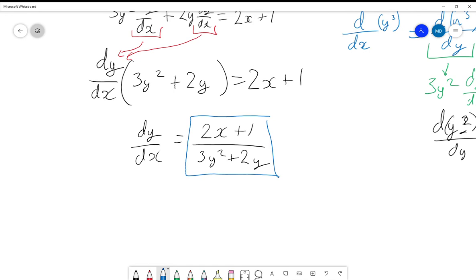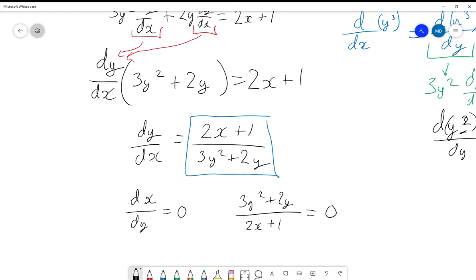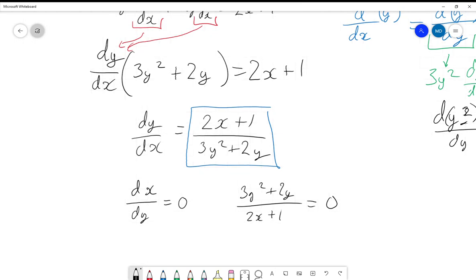So here, all we need to do is write down dx by dy equals 0, which means we're dealing with, because this is flipped, 3y squared plus 2y over 2x plus 1 equal to 0. Which means we're dealing with 3y squared plus 2y equals 0 by multiplying by 2x plus 1.